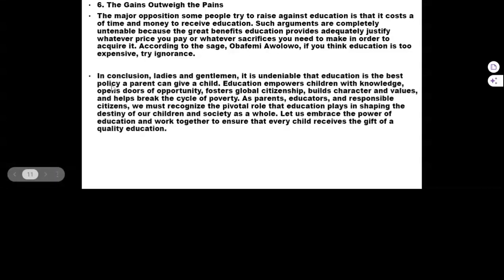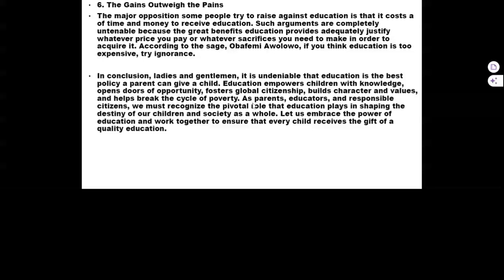And so, in our concluding paragraph, we can write as follows. In conclusion, ladies and gentlemen, it is undeniable that education is the best policy a parent can give a child. Education empowers children with knowledge, opens doors of opportunity, fosters global citizenship, builds character and values, and helps break the cycle of poverty. You see, we have summarized the various points we discussed in the body paragraphs.